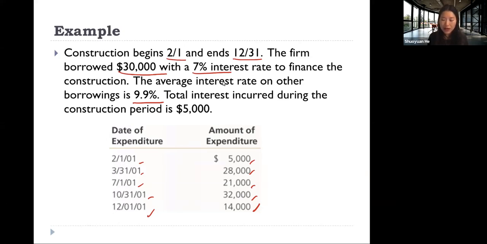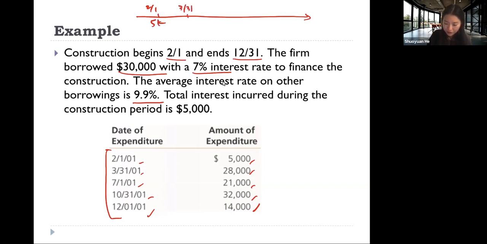Okay, so let's look at how to solve this problem. First of all, let's write out the date and the amount for each of the expenditures. So this is a timeline. On February 1st, the firm incurred $5,000. March 31st, $28,000.